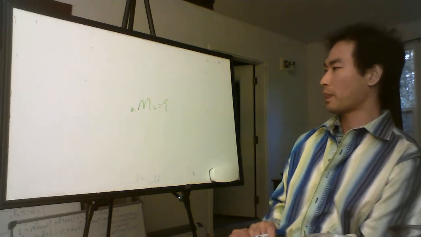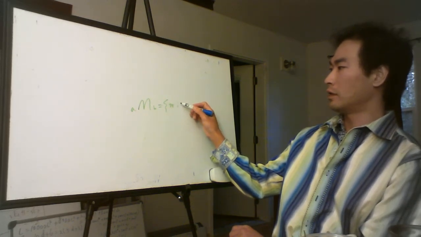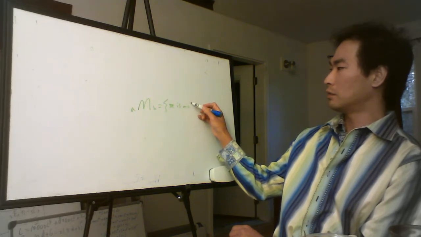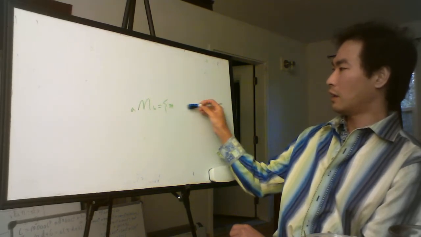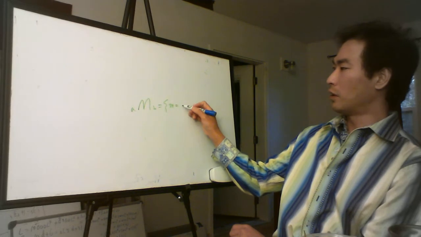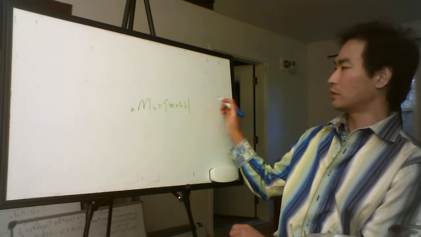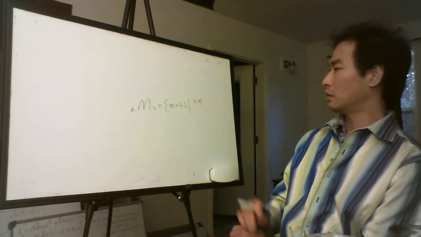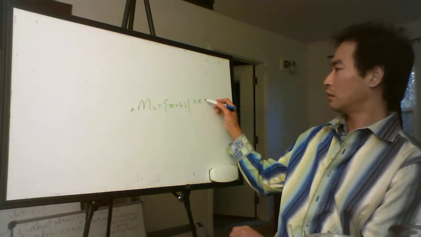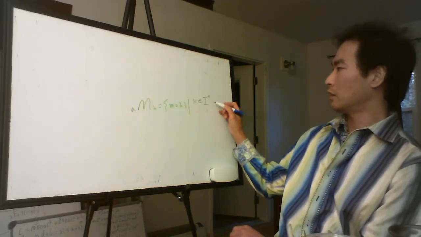Find all m, this is traditional set notation, where small m is a multiple of B, m = kB, where now we have a list of conditions: k is in N plus, a positive integer, a natural number.